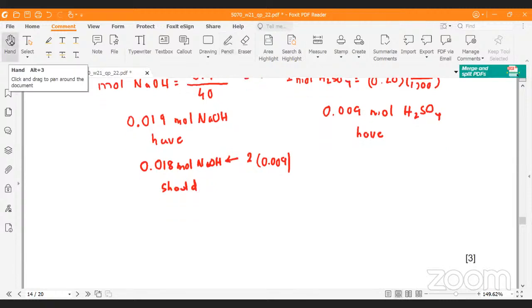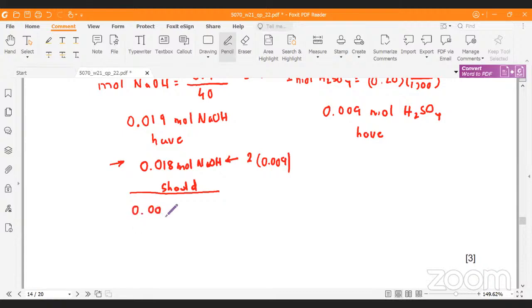So if I wanted to get rid of all of the sulfuric acid, which is 0.009 moles, I need to have exactly twice as much of my alkali. So this is how much that I would have. So if I compare the two, what I realize is that's how much excess of the sodium hydroxide that I've got. Even once all of the sulfuric acid is used up, which makes the sulfuric acid the limiting reactant, by the way, this is how much alkali would be left over behind as a result.